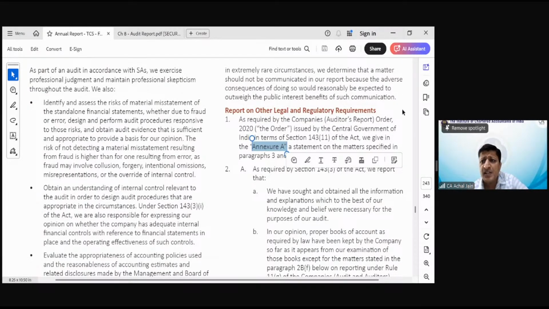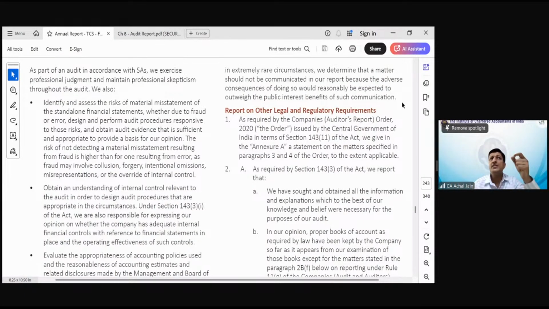Let's understand how it is provided separately, and you will find that the auditor maintains complete clarity while providing CARO in the form of an annexure.